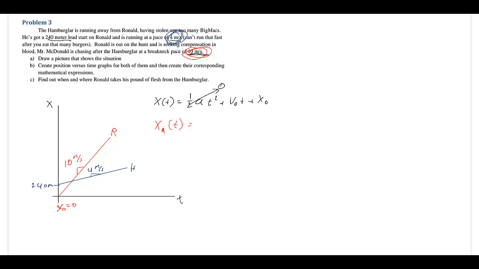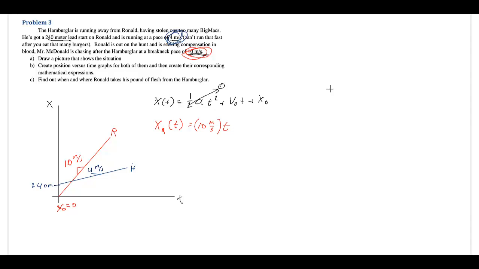So for Ronald, we have a velocity of 10 meters per second. Notice these are both positive. We have them both running in the positive direction according to the picture. So initial velocity is 10 meters per second times t. And notice a function of time means you do not plug in time, okay?